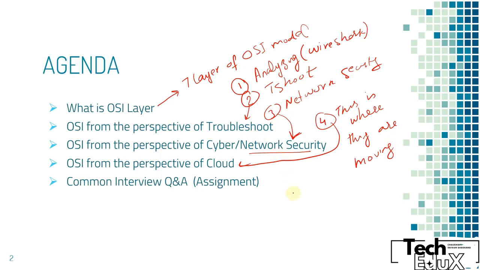They have like 10% data center physically in their location, but seriously, 90% they are using AWS and Azure. So you can imagine the power of cloud. That is why we have included this cloud section in the same program. So as you can see, four major topics: first, analyzing with Wireshark; second, troubleshooting; third, network security; and fourth, cloud. Because as I said, the JSS wants to make you prepare for the future.